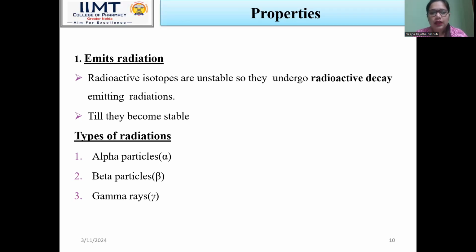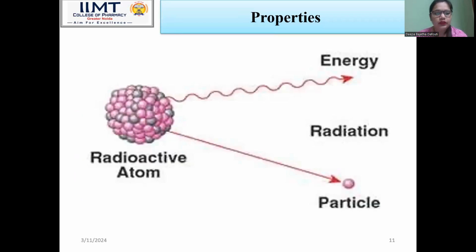Radioactive isotopes are unstable, so they undergo radioactive decay, emitting radiations till they become stable. The types of radiations are: first alpha particles, second beta particles, and third gamma rays. These are the radioactive atoms having energy radiations.